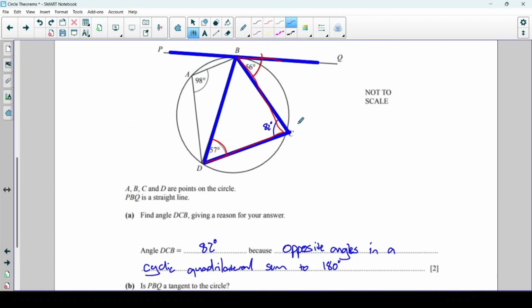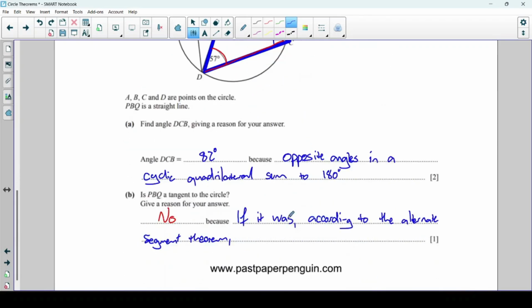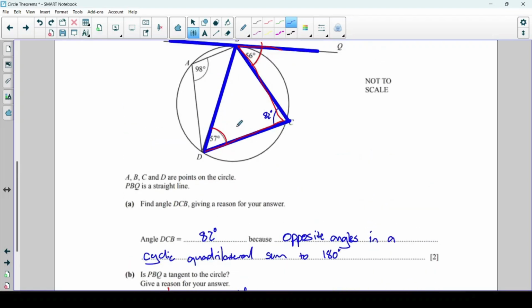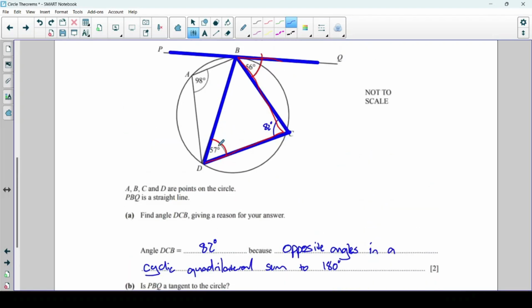So what are they? QBC would be equal to the one that's 57 degrees, BDC.